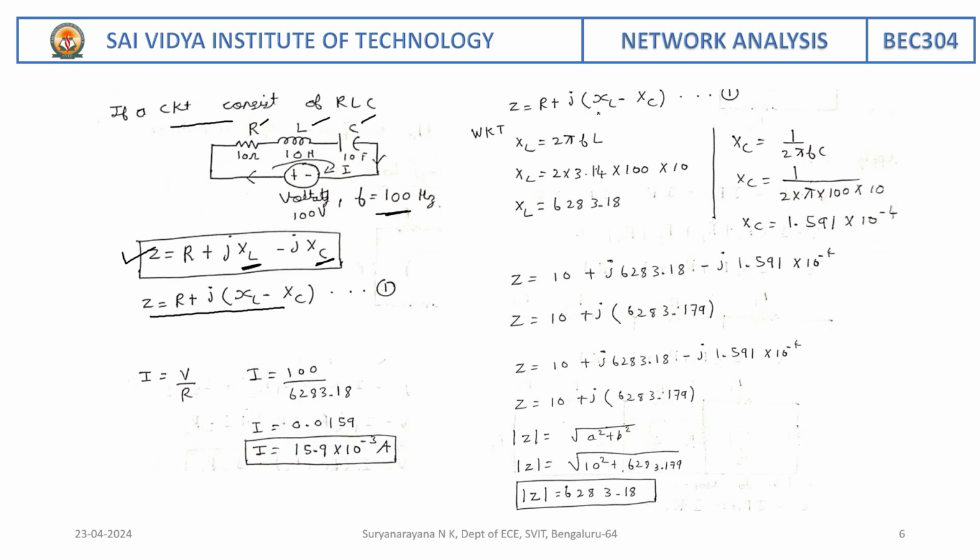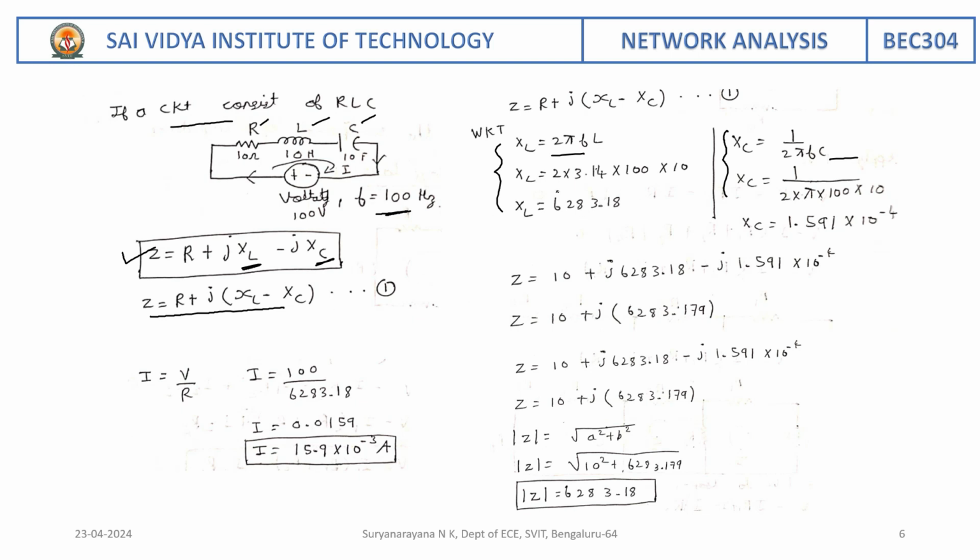So now from the basics of electrical, we know that the expression for frequency sensitive element, that is inductive reactance and capacitive reactance, is given by XL is equal to 2 pi FL and XC is equal to 1 by 2 pi FC.